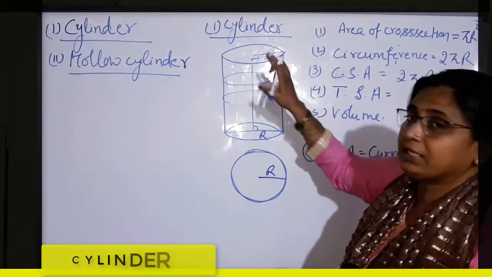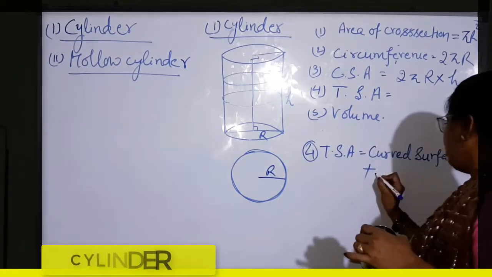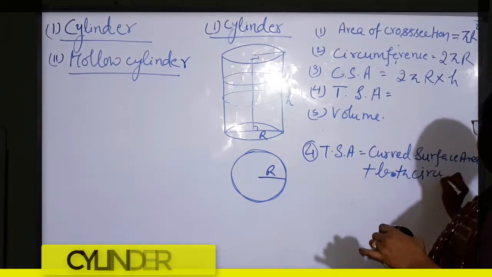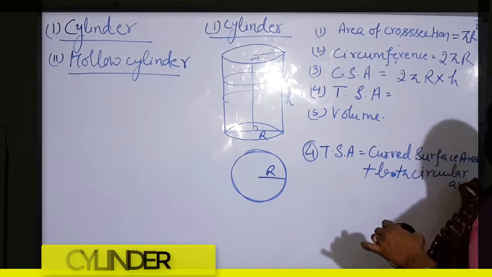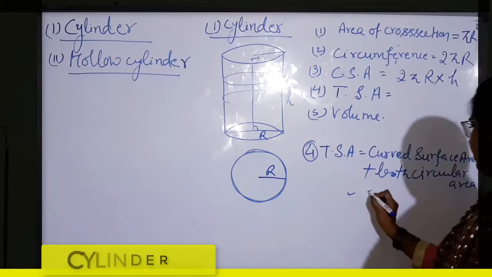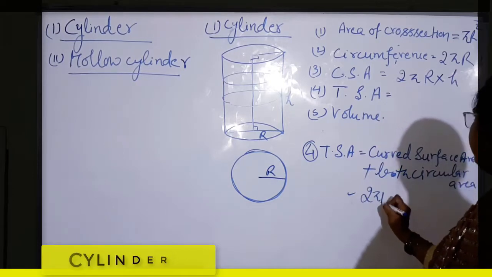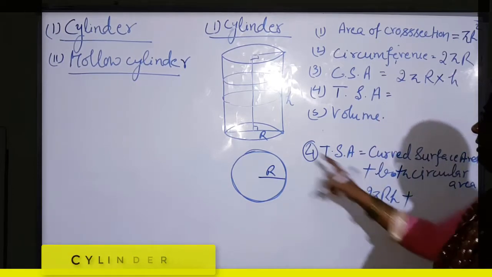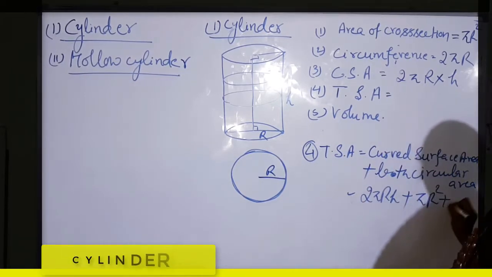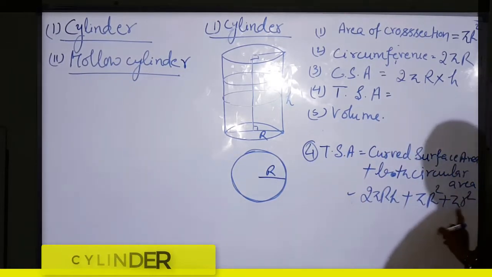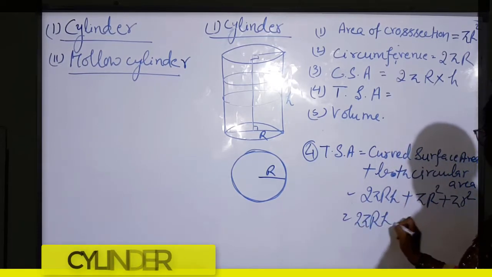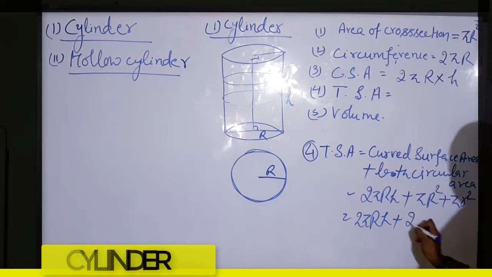Both are circular areas. So it is 2 pi r h plus pi r square plus pi r square, that means 2 pi r h plus 2 pi r square.